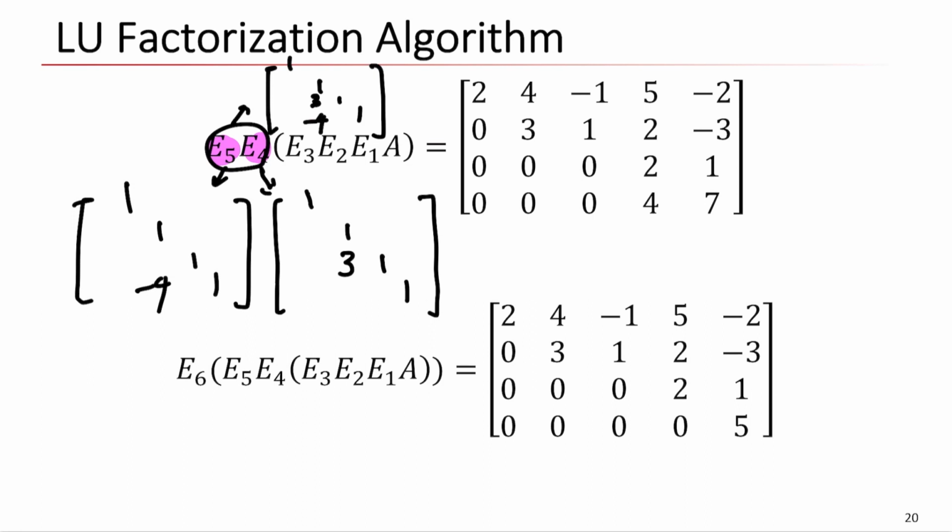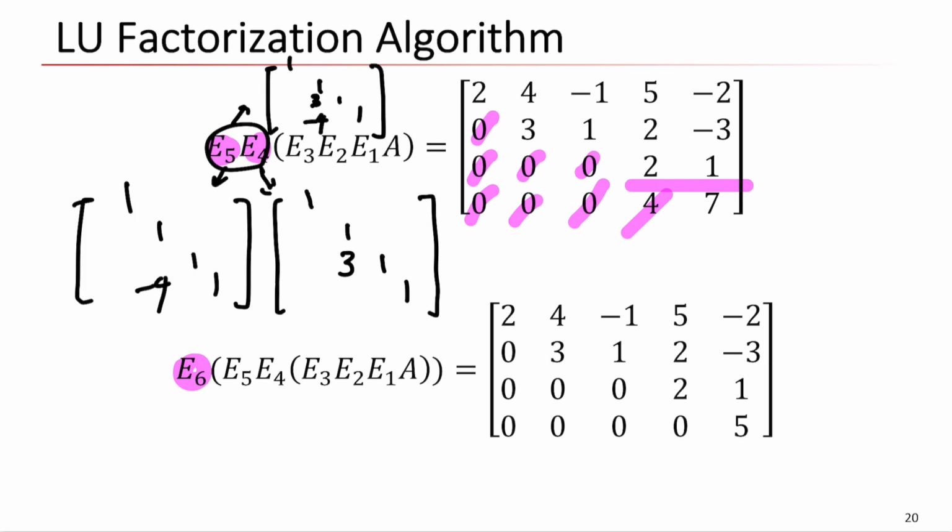Okay, so then what next? There are already zeros here, right? So we have to remove this part by using this one. Let's say this is the elementary matrix 6.